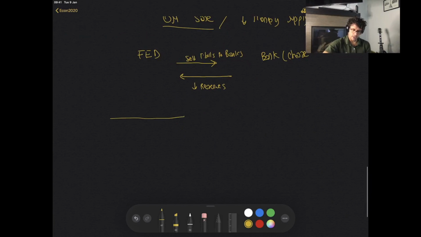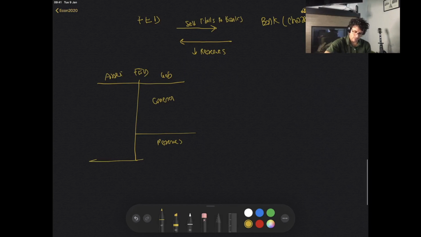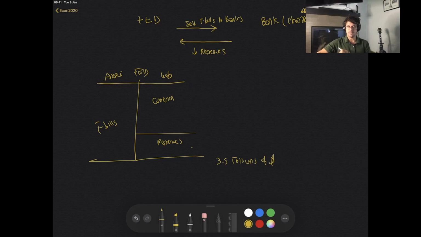So if this is the Federal Reserve, you have liabilities and assets. We have here currency, then we have here reserves, and here you have T-bills. Suppose that in total you have 3.5 trillion dollars in terms of money supply.